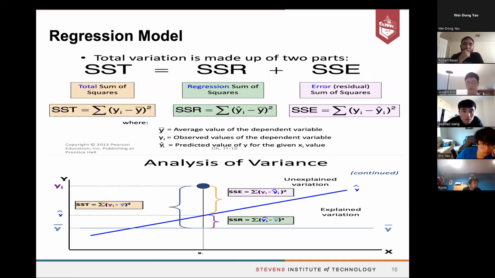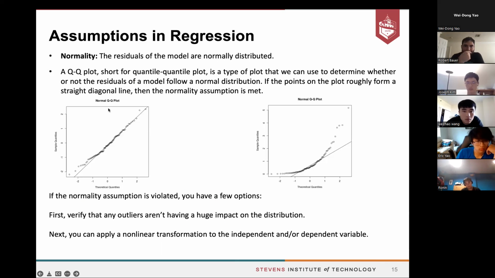So what does QQ plot mean? Yeah, a QQ plot is a quantile plot. Basically a quantile is like a quartile, right? A quartile is 25%, and 100% is the whole, so it is a percentage.